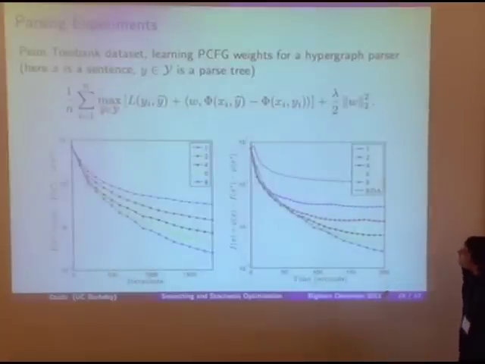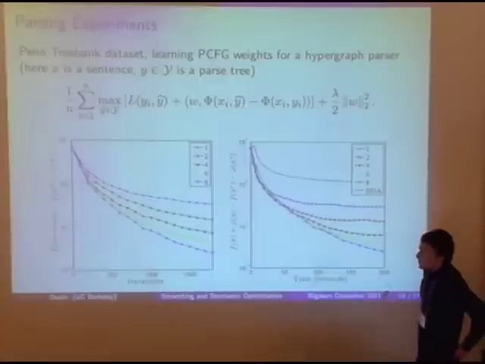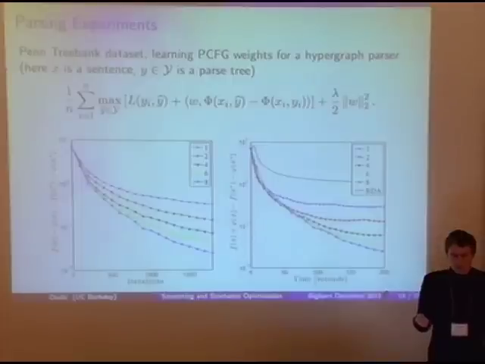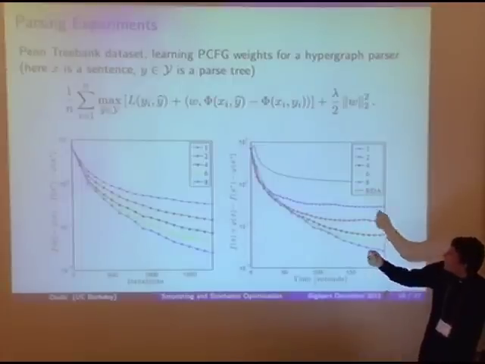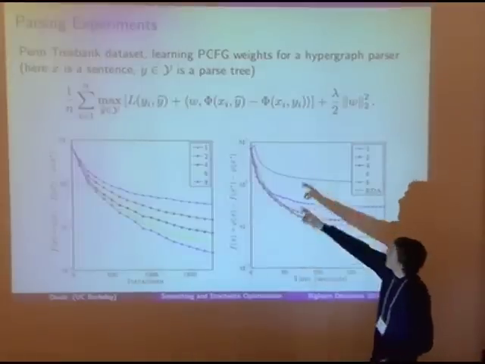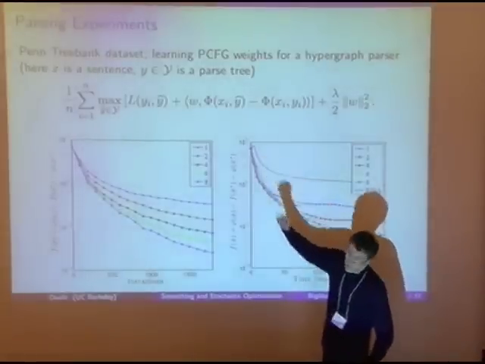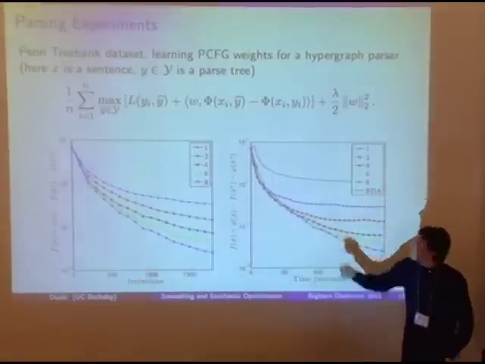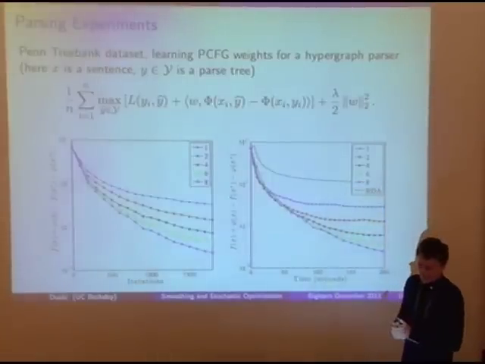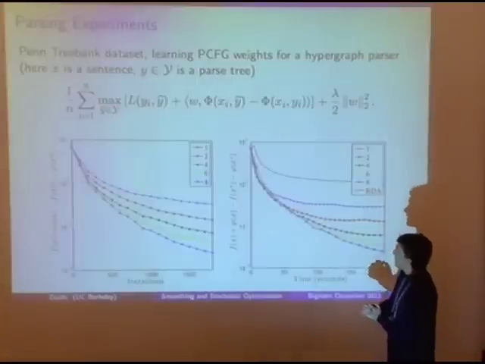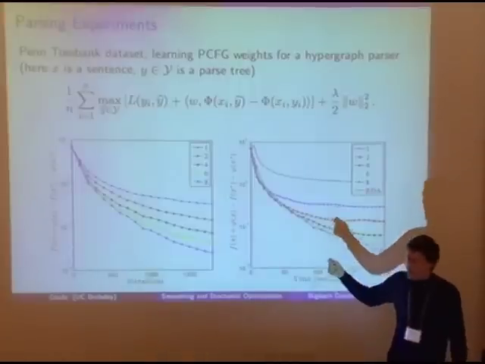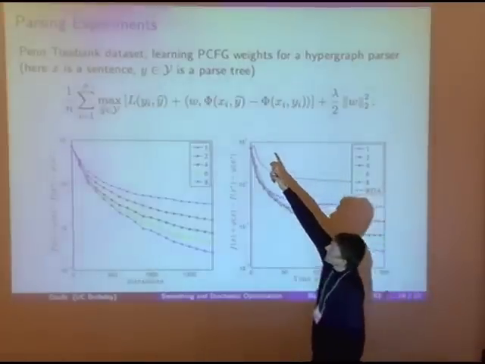I also have some results on learning a parsing model. These are tests learning a hypergraph parser using the Penn Treebank data set. The data X are sentences, and Y are parse trees, or hypergraph parses. This problem is really nice for our setting because computing the objective at all takes a while.